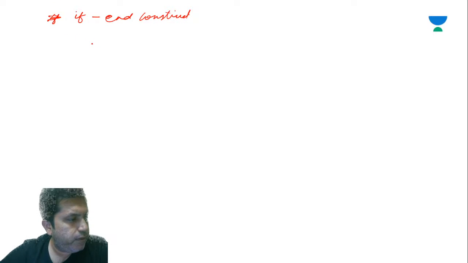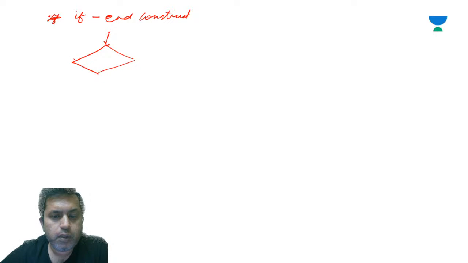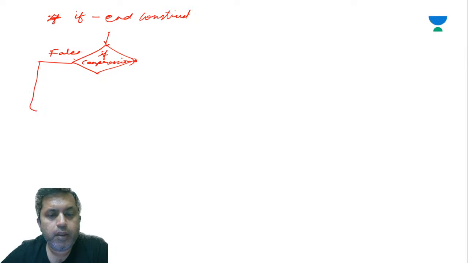So in this way, the program flowchart will be like this. If some expression is false, then go to the normal routing of the program.